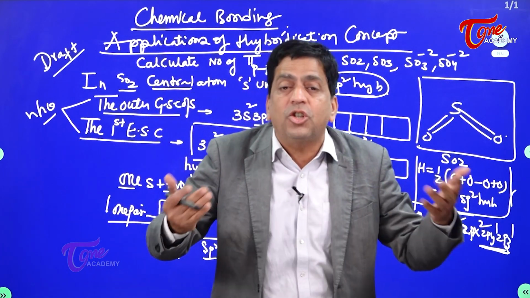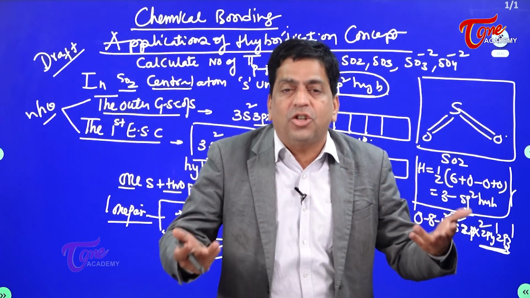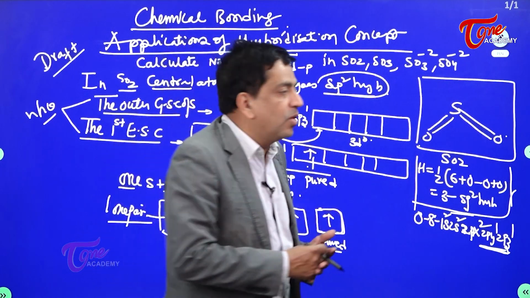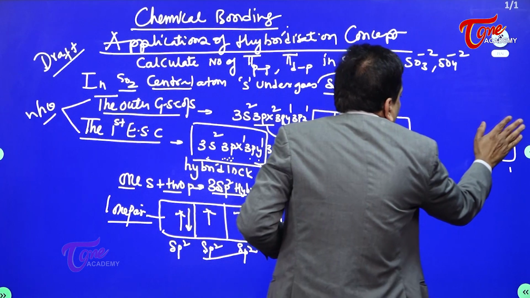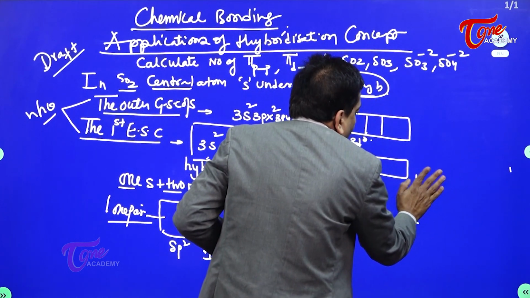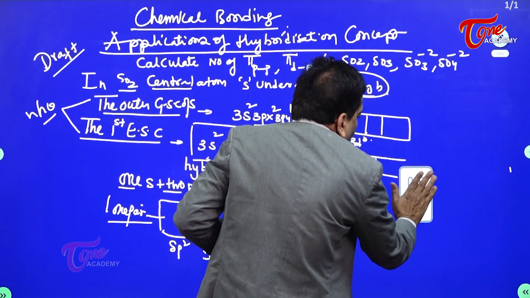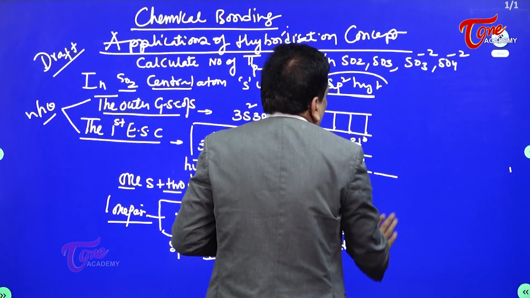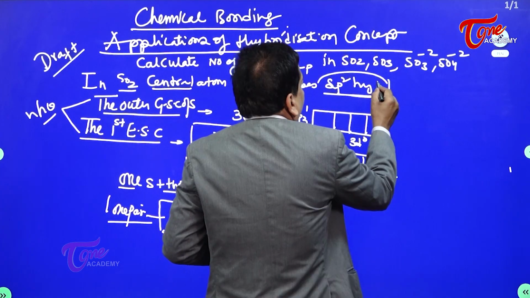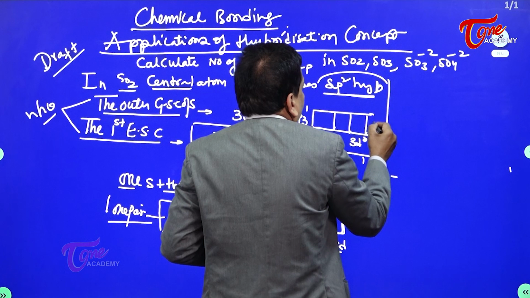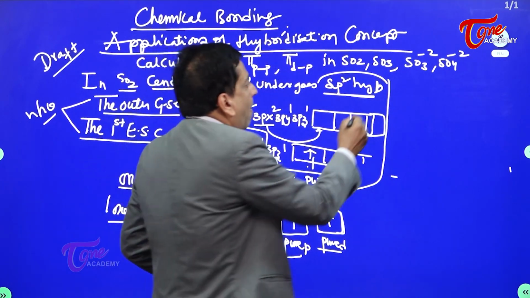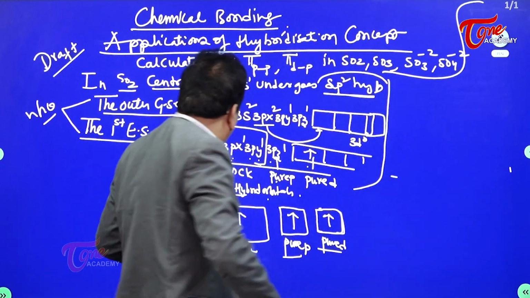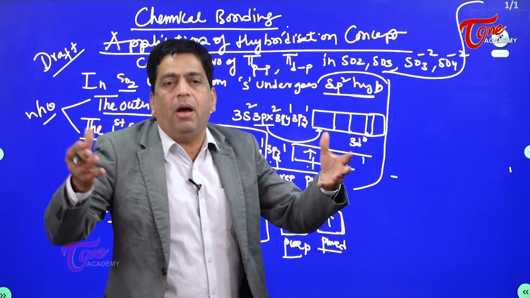So let us reconstruct it. Watch carefully. I reconstruct the structure. So I have 4 unpaired, 1 oxygen is coming now.